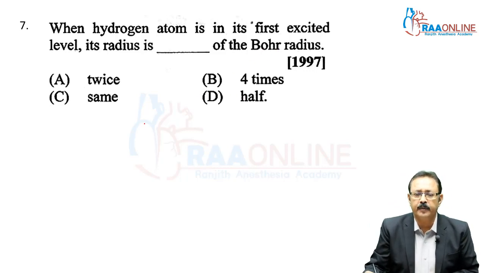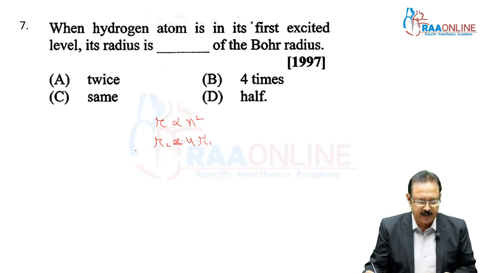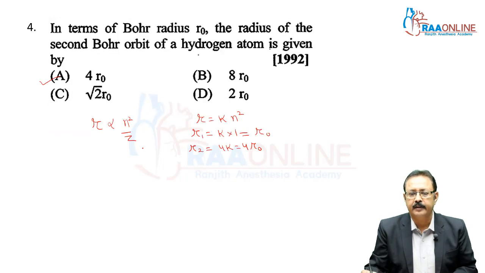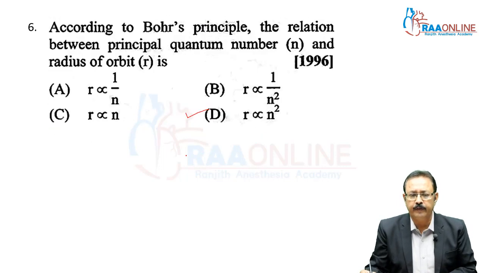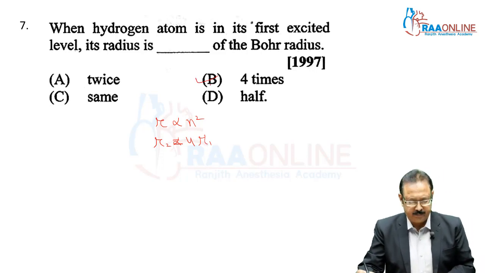So in the first orbit, if its radius is r naught, r is proportional to n square. So for the second orbit, it should be 4 times the first orbit. We have just completed this derivation. So we will go with option B.